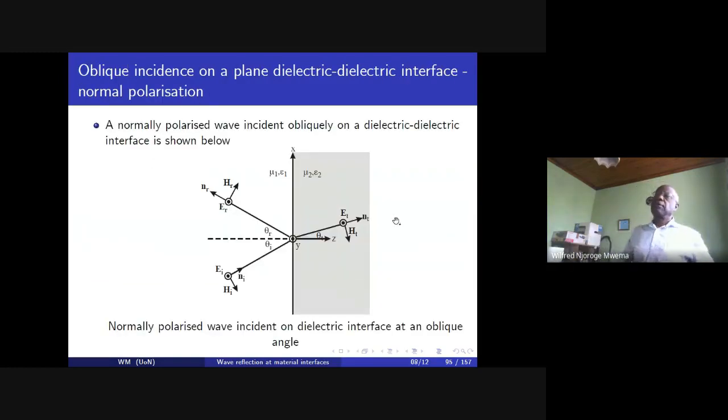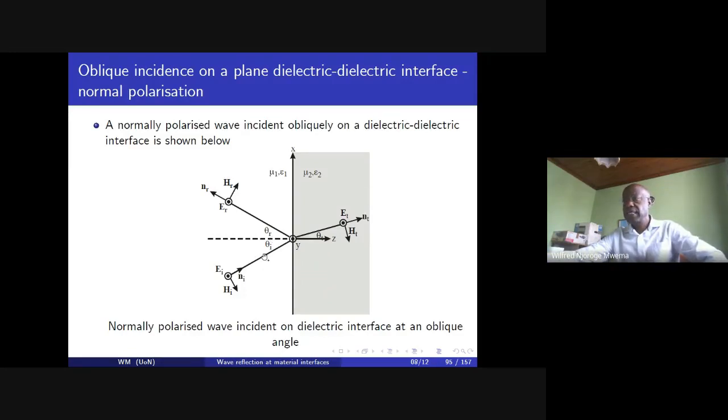Now we look at the case of oblique incidence on a plane dielectric interface. As you recall yesterday, we said that when we have oblique incidence, the polarization state of the wave becomes of importance. Now we'll start by looking at a normally polarized wave that is incident obliquely on a dielectric plane interface at an angle of incidence theta I measured with respect to the outward normal to the interface.